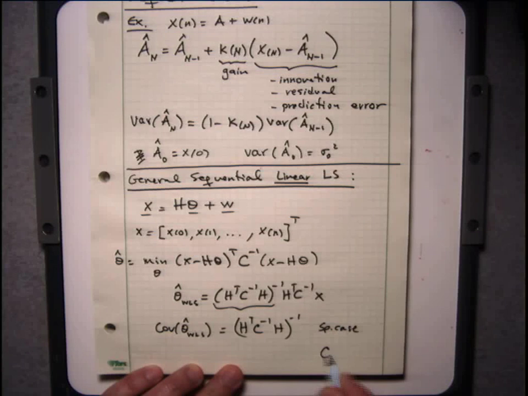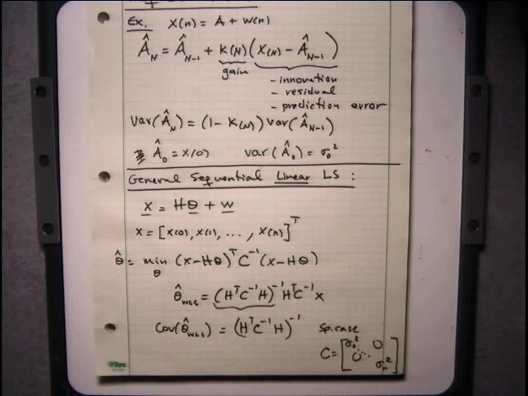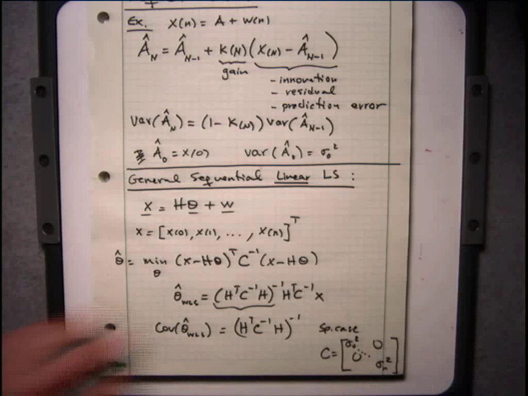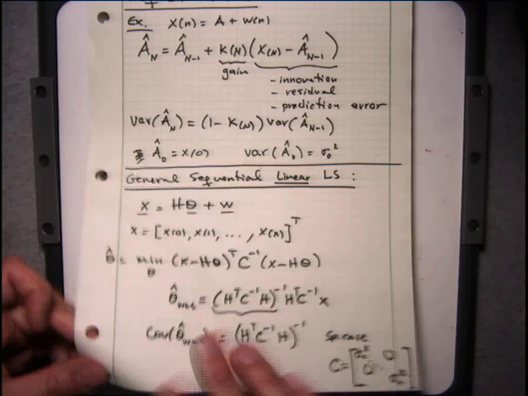Let C be equal to a diagonal matrix with sigma 0 squared through sigma n squared. In the other case, if the off-diagonal terms are not 0, the analysis that I give you is equally valid, except that the math becomes a little bit more messy.